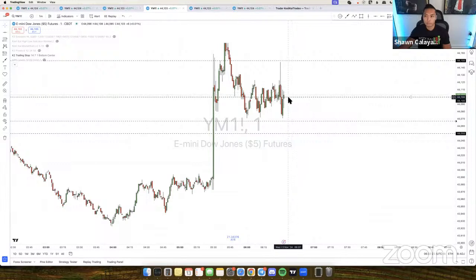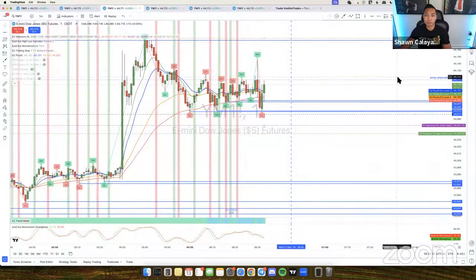This 100 mark is basically the baseline. And yeah, price is just not really moving very much. Very unusual open. Like really no movement.